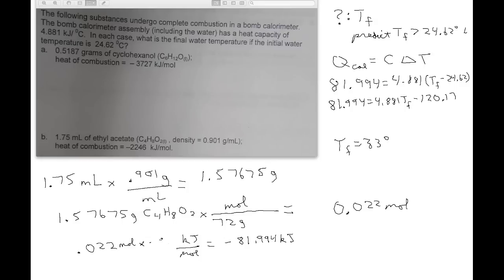You're right, and I'm wrong. I was looking at the wrong problem. I was taking the number from the wrong problem, so I got confused. This should be 0.02 times 2246. So what number did you get for this?